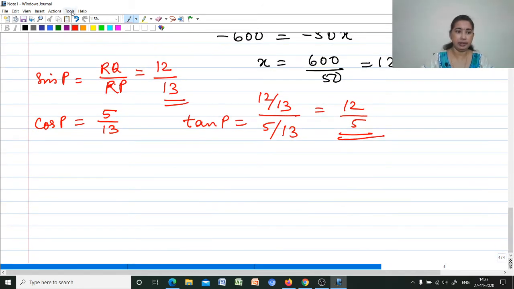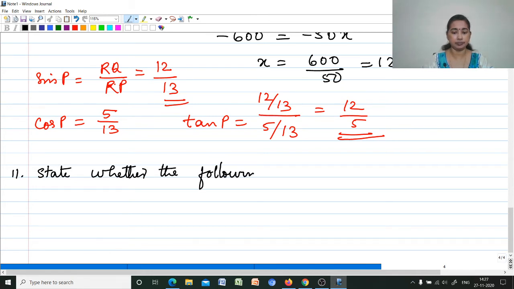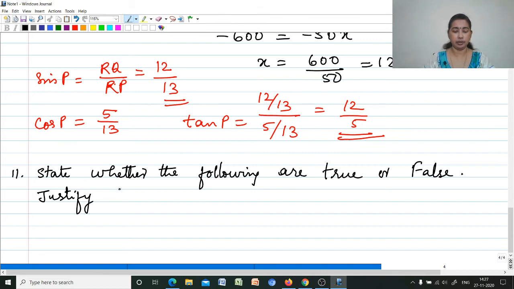Moving on to the next one, question number 11. State whether the following are true or false. Justify your answer.